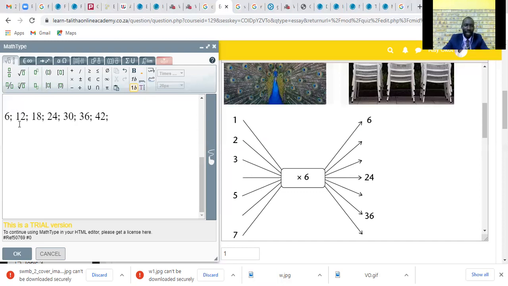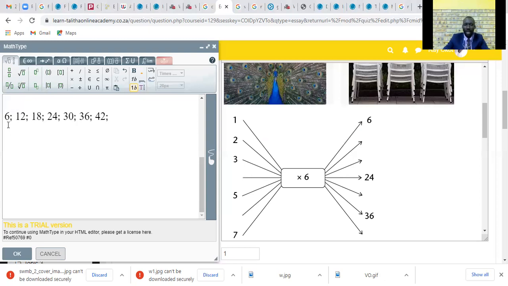Then you also look at the second term. Now, if the first term is less than the second term, then two things could have happened. Either a number was added to the first term, or the first term was multiplied by a number.